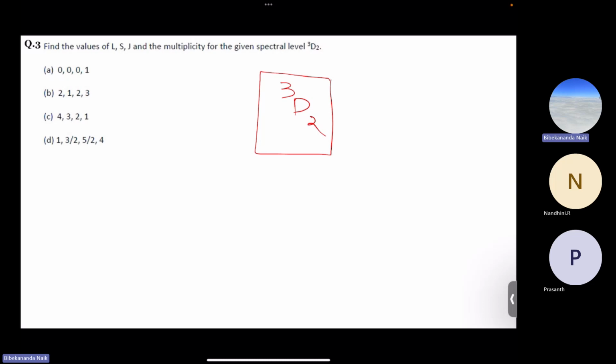So yes, can anyone tell me what will be the correct option? Option A, B, C or D?